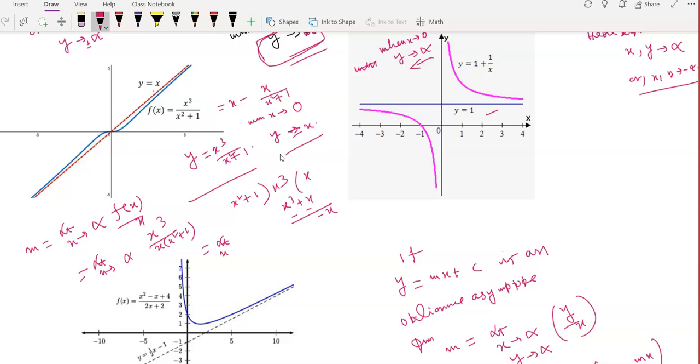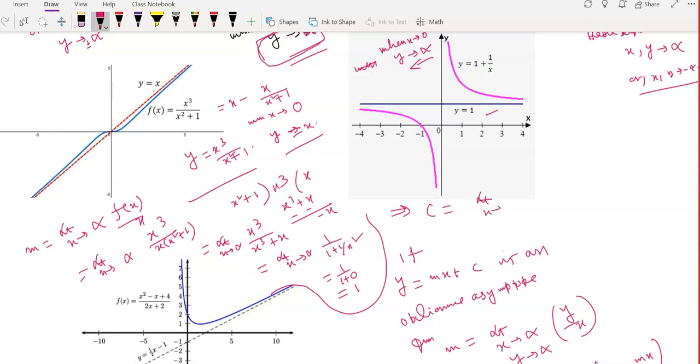This is x tending to infinity, x cubed by x cubed plus x. You divide by x cubed. Limit concept: 1 plus 1 by x square. So the answer is 1 only. m is equal to 1. What about c here? c will be limit x tending to infinity y minus x.